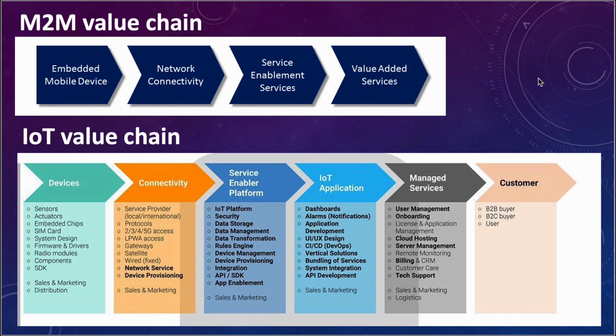So when coming into machine to machine value chain or IoT value chains, that I think we have to concentrate more on, right? There are different layers where different businesses or different companies can emerge. So when talking about the entirety of the value chain, we can go step by step and understand.